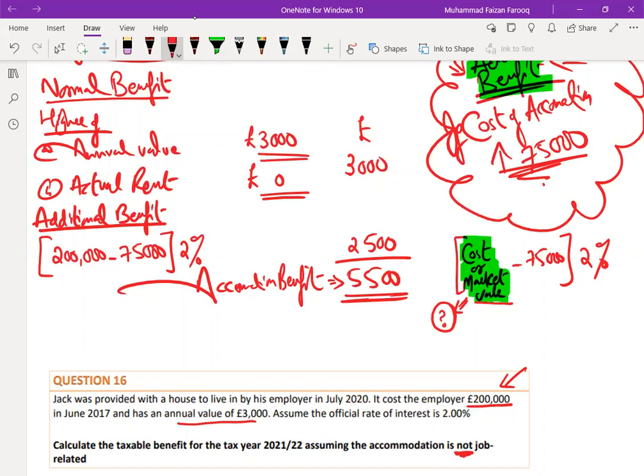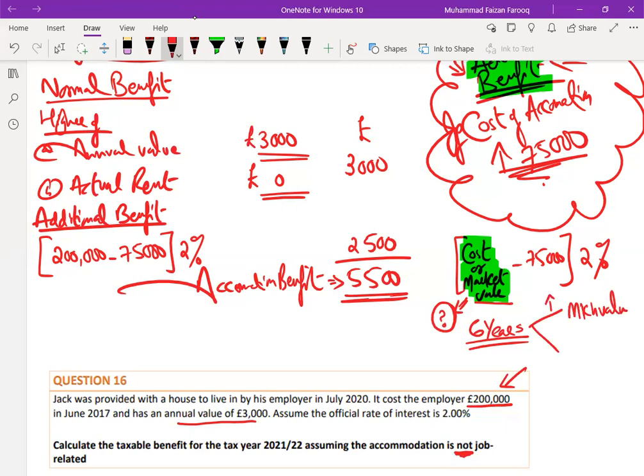So the answer is, we will see the 6 years rule. What is the rule? What does the 6-year rule mean? If the employer acquires the accommodation more than 6 years before providing it to the employee, then we will use market value.